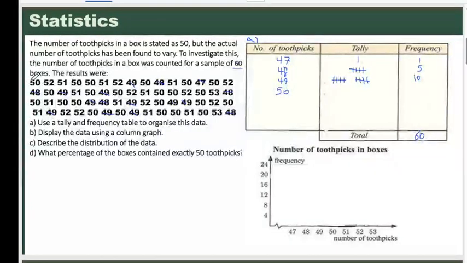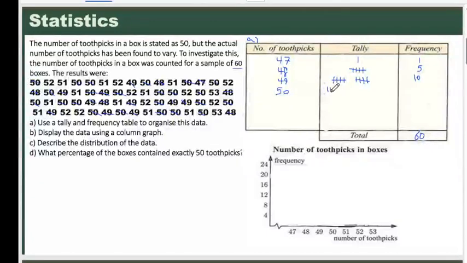Now I will go for 50. I will count 1, 2, 3, 4, 5, 6, 7, 8, 9, 10, 11, 12, 13, 14, 15, 16, 17, 18, 19, 20, 21, 22, and 23.